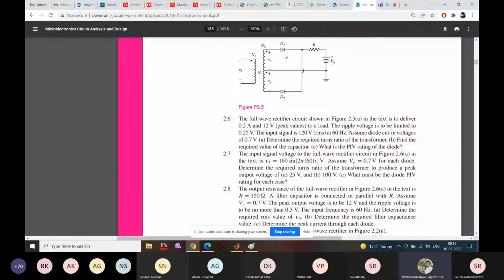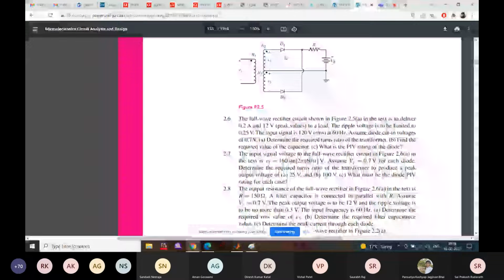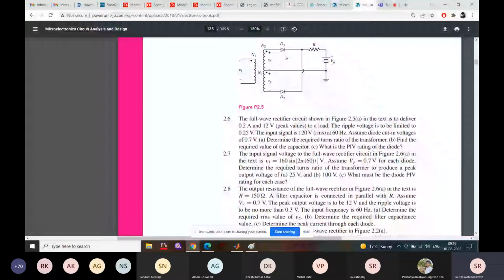Sir, what is the reason for that? Suppose the diode will be in the positive cycle to give maximum values. Otherwise it could be in reverse bias also.